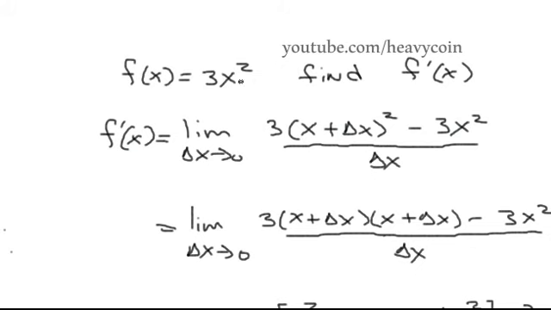Because this is just 3x squared. What happens if this was x to the 4th power, or 5th power, or 6th power? This thing would be so nasty, we'd end up spending our whole day just finding the derivative of a function. So there's a shortcut method of doing that. Maybe you should try to find the pattern.